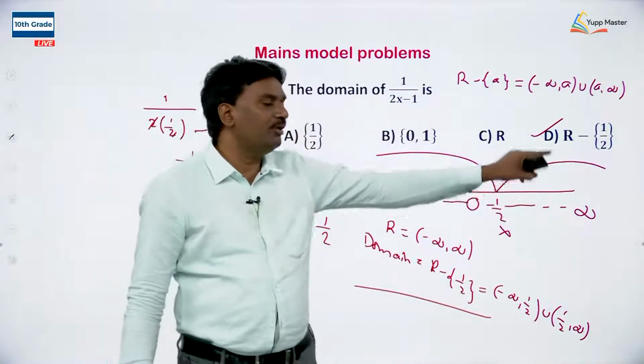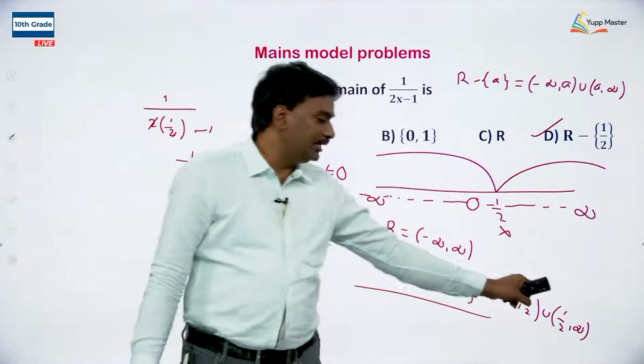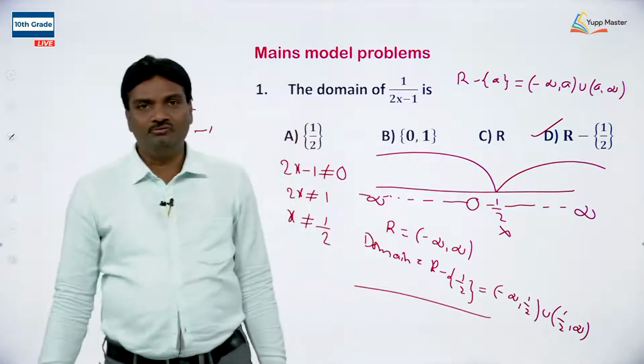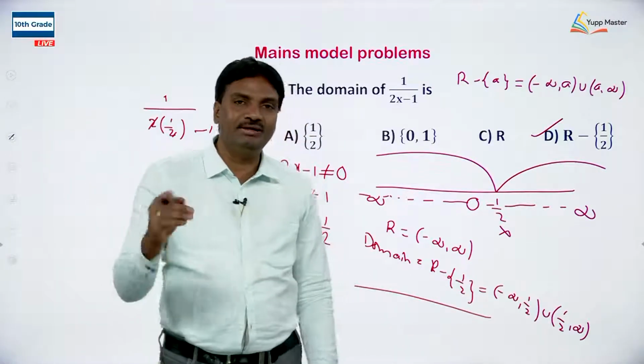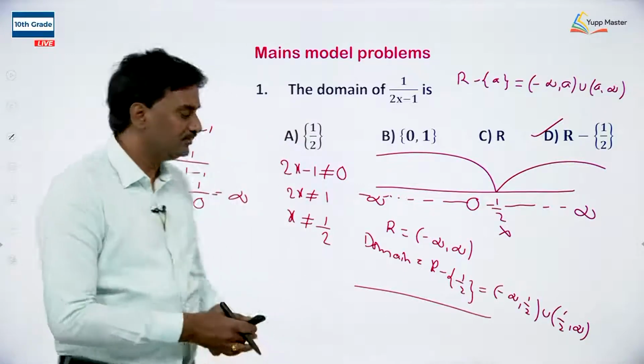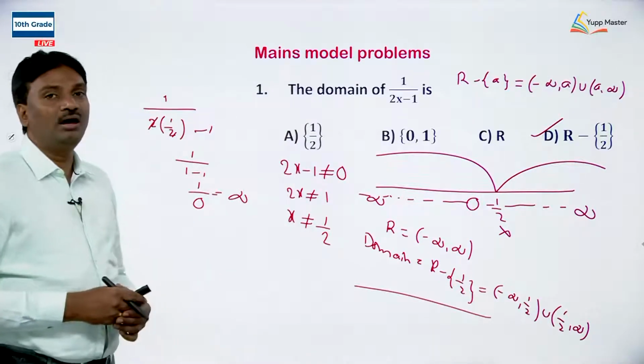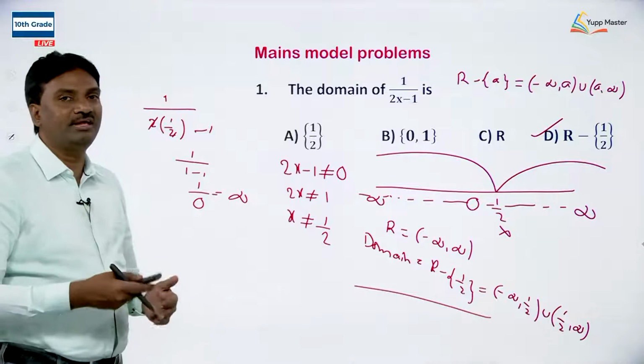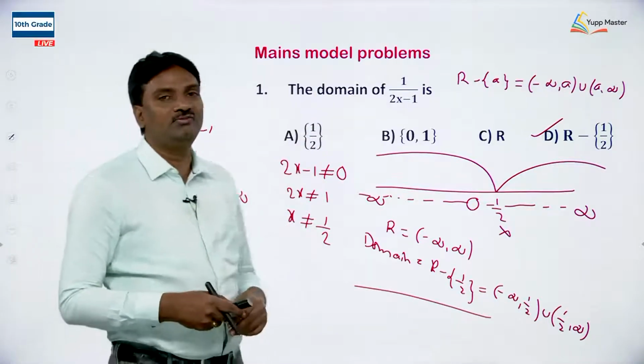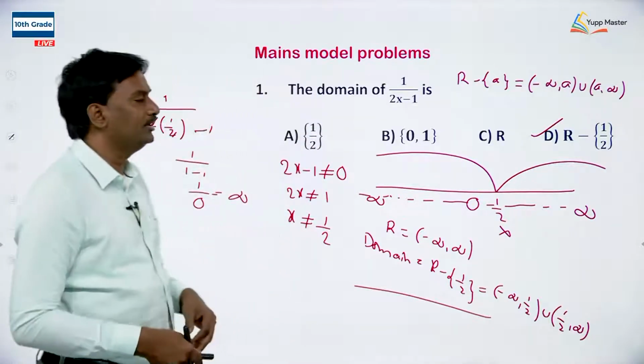Here in place of a we have 1 by 2. If we have an option like this, then we can take that as the correct option. So here we have used the first rule: 1 by 2x minus 1 is there, so take the denominator as not equal to 0. So 2x minus 1 not equal to 0.